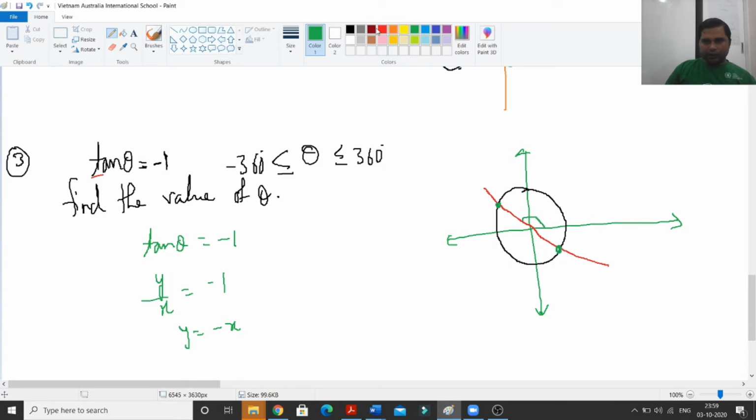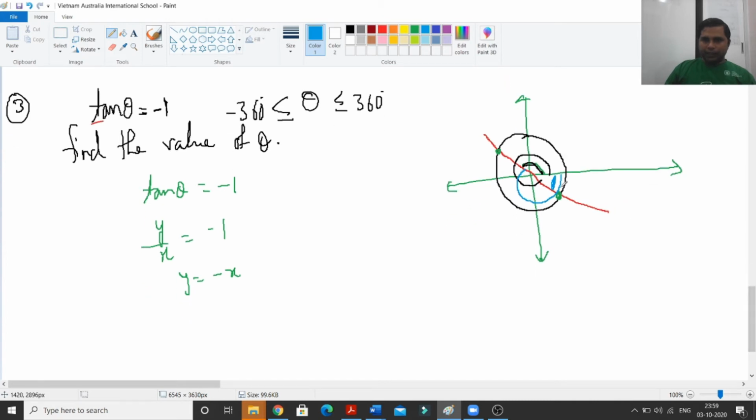One answer is this, and the other answer can be this one, if you are taking the positive answers. If you are taking the negative answers, I'll use the blue color. One is this answer and another is this particular answer.